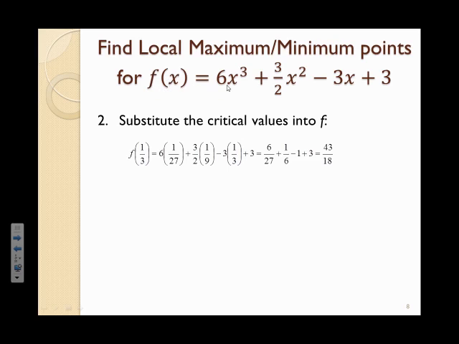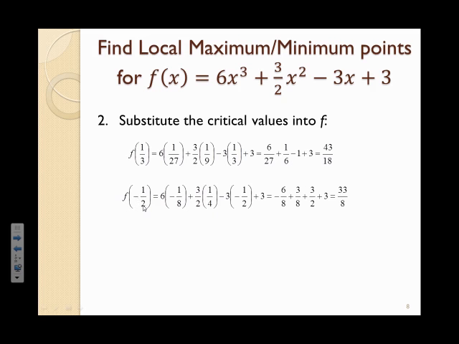So if we do an f of 1/3, it's going to be 6 times 1/3 squared, which is 6 times 1 over 27, plus 3/2 times 1/3 squared, which is 3/2 times 1/9, minus 3 times 1/3, plus 3. And when we do the math, we end up with 43 over 18. We also then do the second point that we solved for, an f of minus 1/2, and we do the same thing.